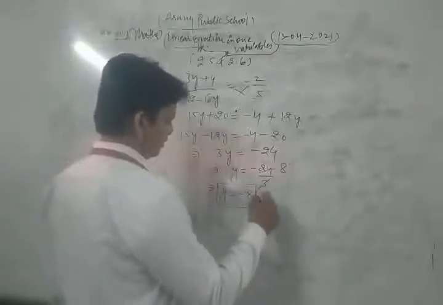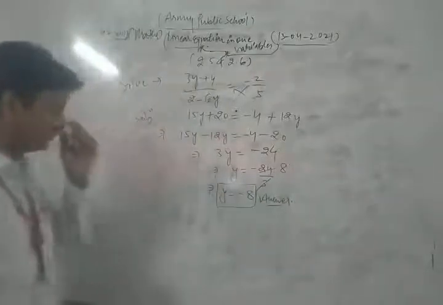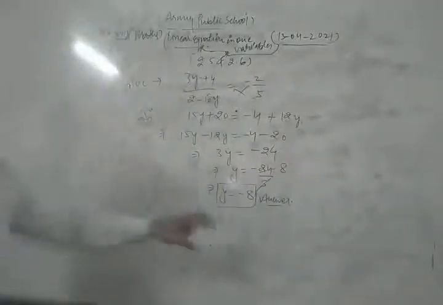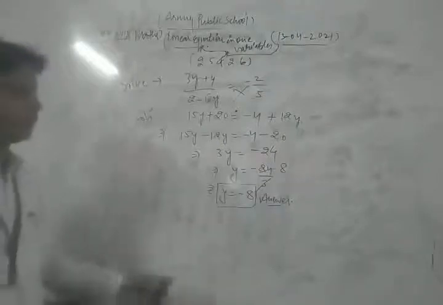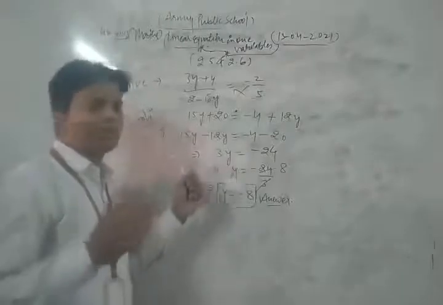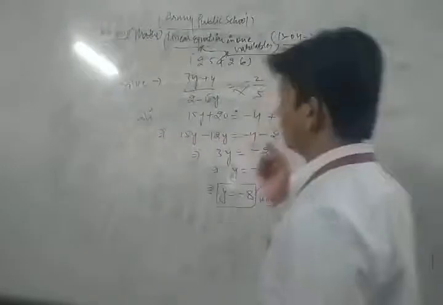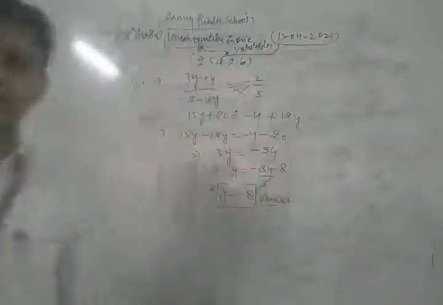Okay, this is the required solution of the given question. This is y is equal to minus 8. Okay, so in this way you can solve each and every question of your NCERT exercise based on the topic linear equation in two variables. Now we take some important question of your exercise 2.6, which is very important.